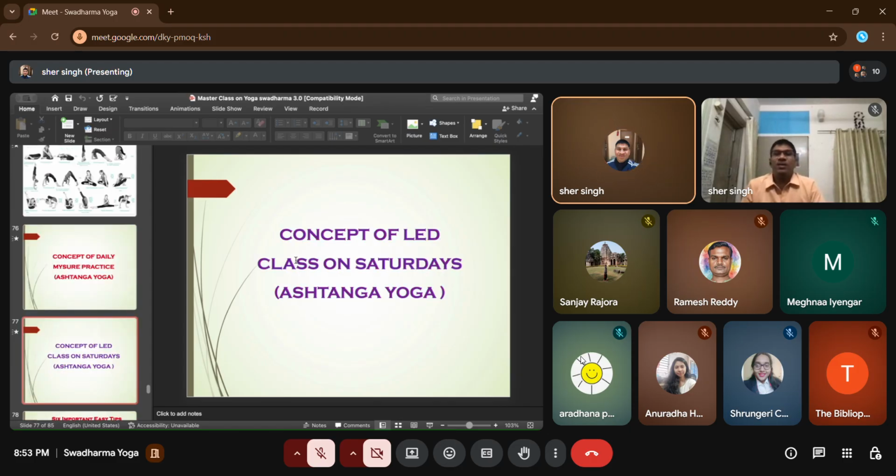Then the concept of led classes on Saturday. Led class means now we remember all the sequences. We know all the vinyasas. We know all the counting. In the led classes, the teacher gives us the counting. Okay, Surya Namaskar A 1, 2, 3.